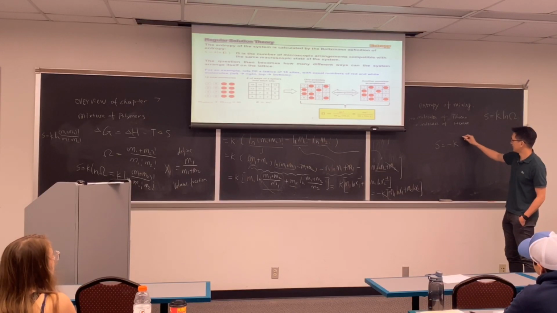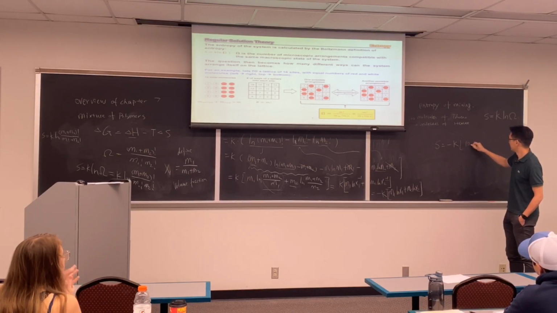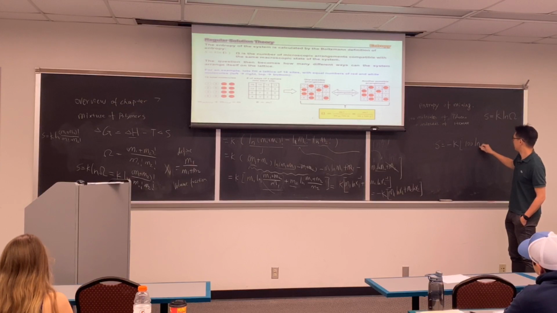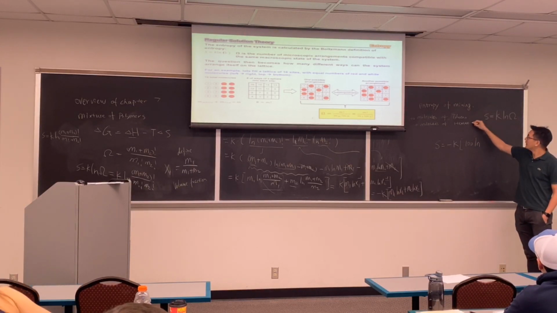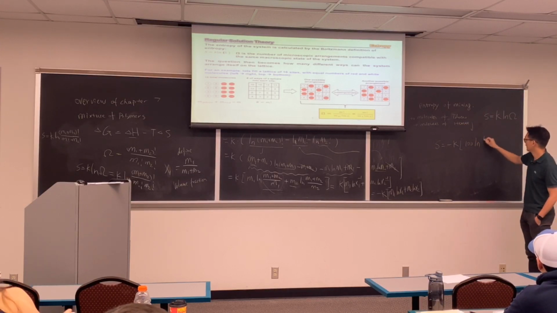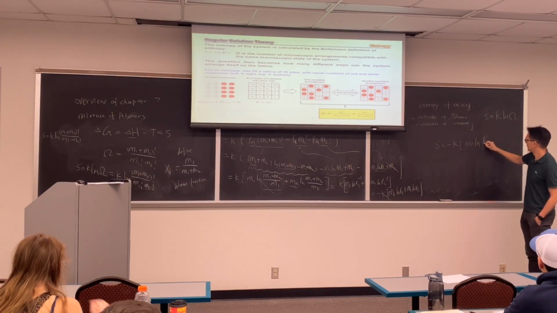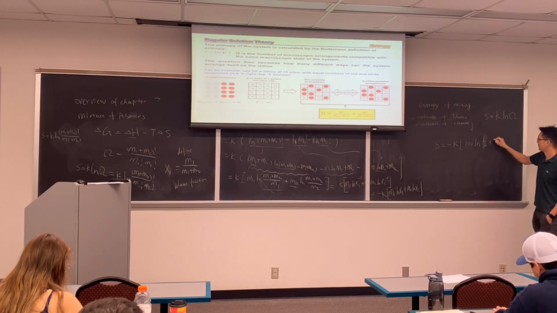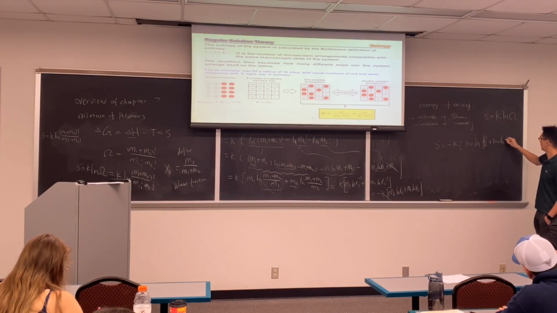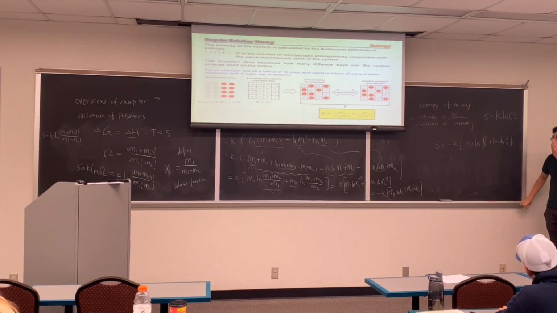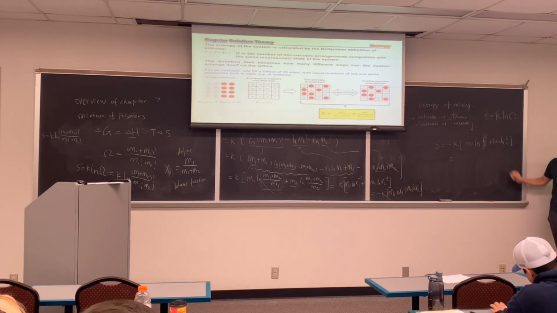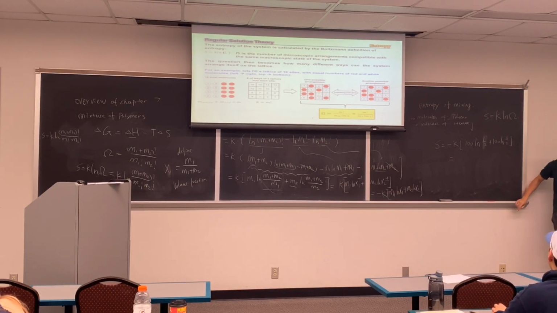Times N1, so it would be 100, times ln of 1/2, since each is half. 100 ln 1/2. Can someone run a calculator for me? What is ln 0.5?